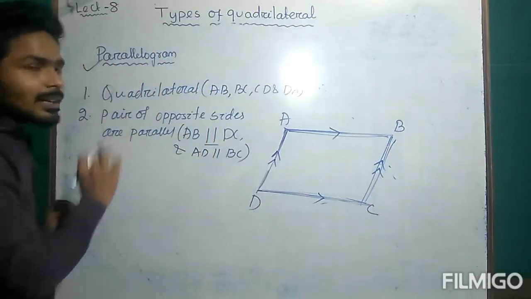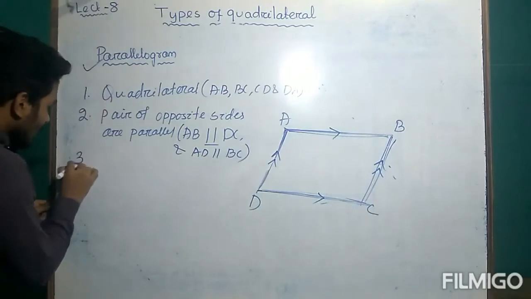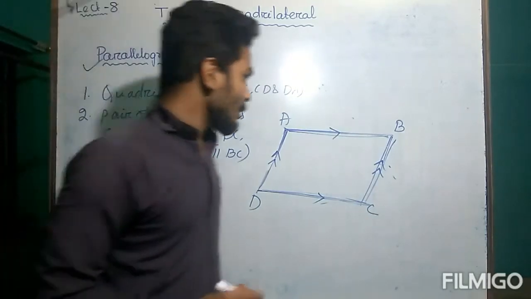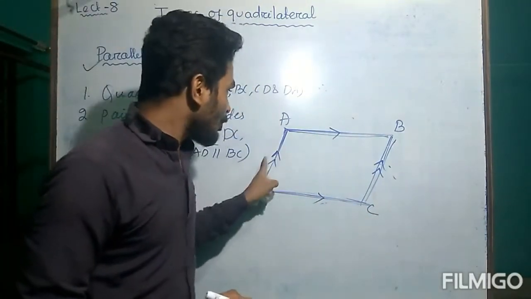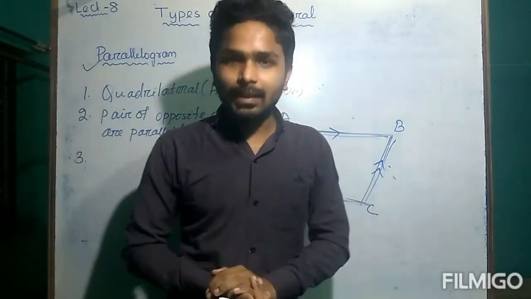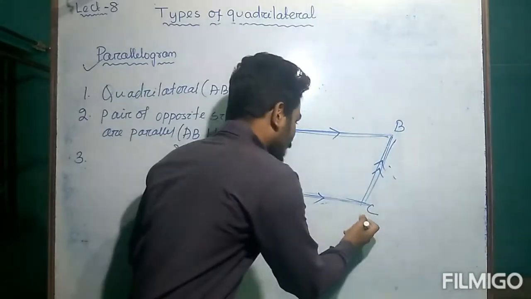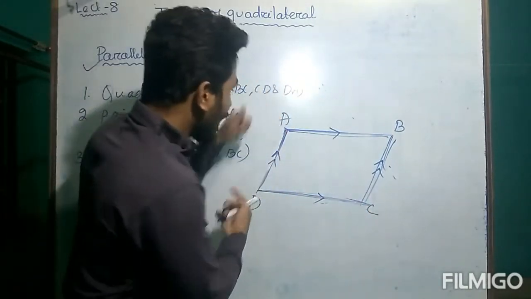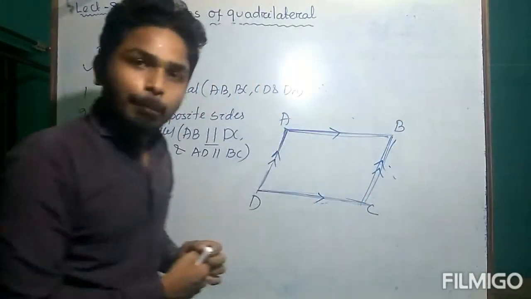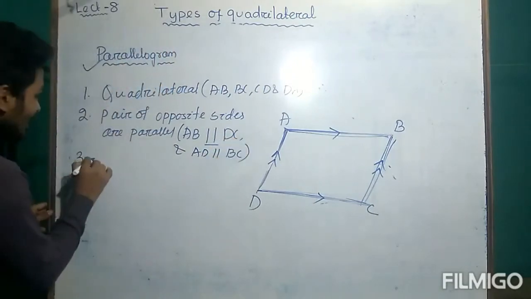Coming to the third condition. The third condition is the pair of opposite sides must be equal in length. It means the length of AB is equal to the length of DC and the length of AD is equal to the length of BC. So what can you write?